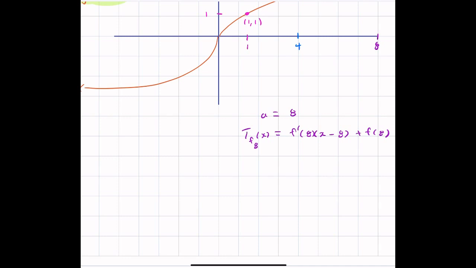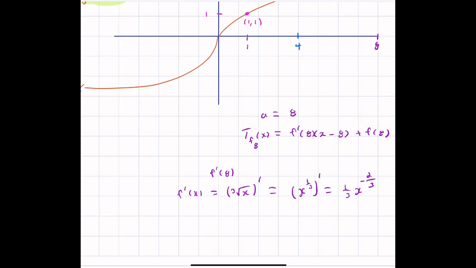And so I need to figure out what f prime of 8 is. Well, f prime of x is the derivative of the third root of x, which is x to the 1 over 3 prime, which is 1 over 3 x to the negative 2 over 3.